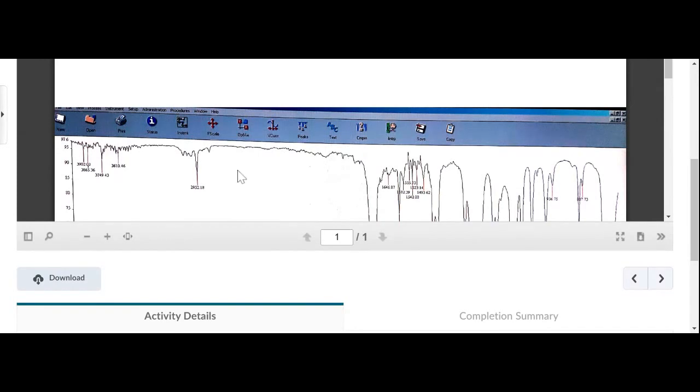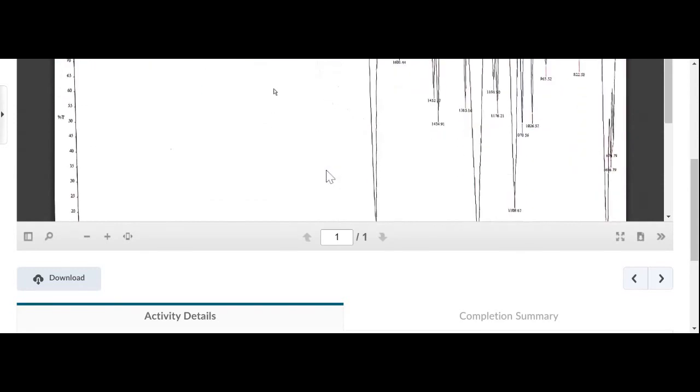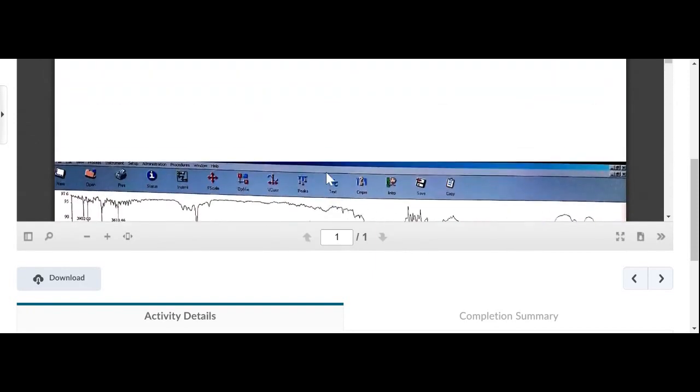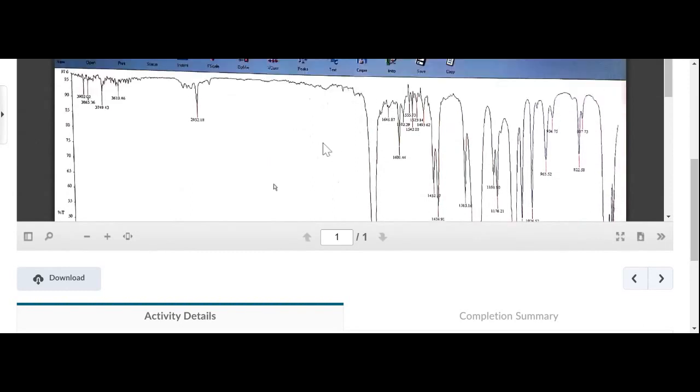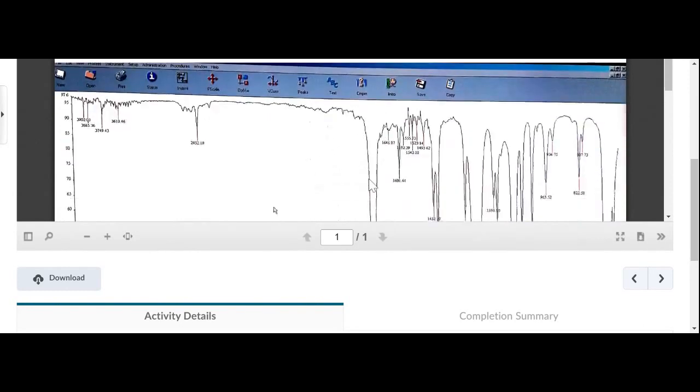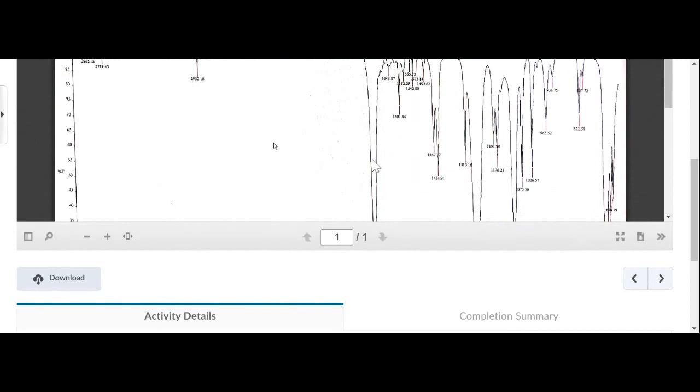Then you wouldn't know whether that OH is coming from water or from leftover benzoic acid. So what I suggest, you may want to write this down, because from now until you write your lab report might be a couple of hours or a couple of days: search for the IR spectrum for benzoic acid and compare it to the IR spectrum for methyl benzoate, which is the product that you have in D12, and see what the changes are.